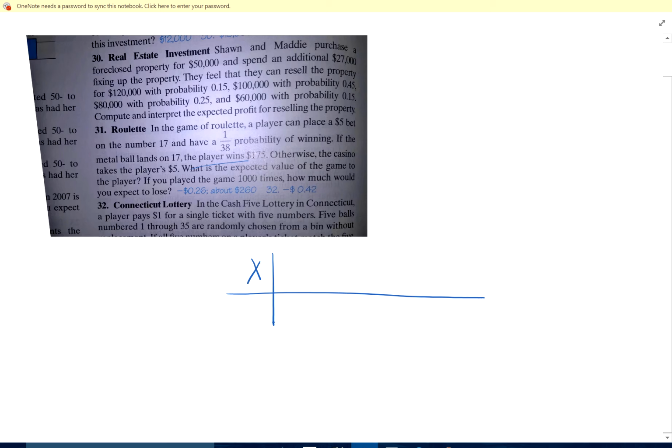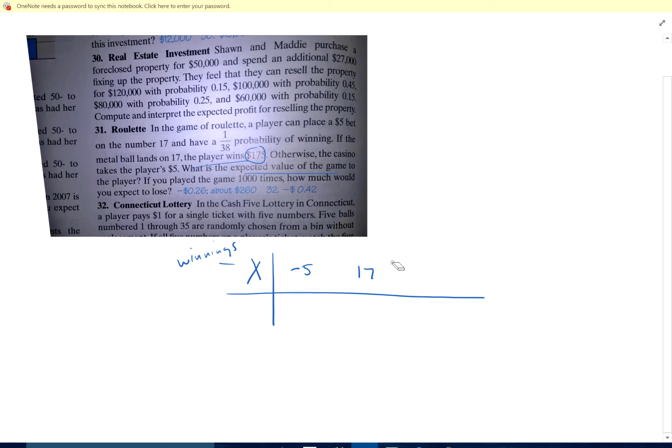So let's make a model here. So X is the expected value of the game. Okay, so this is going to be the winnings. How much is this player going to win? Well, they're either going to lose $5 or they're going to win $170, right? Because they win $175, but they paid $5 to be able to make that. So let's think about this for a second. They paid the $5, you win $175.